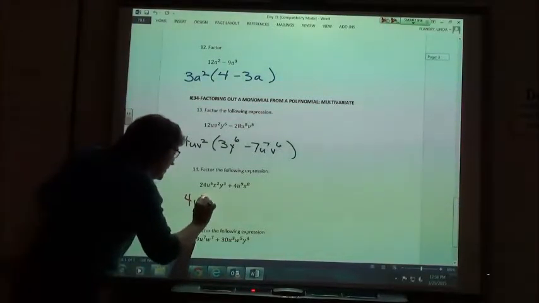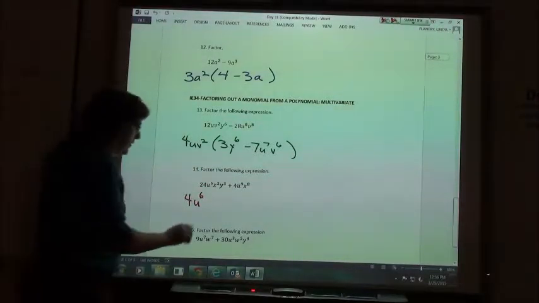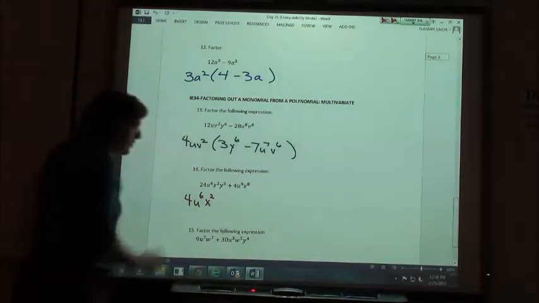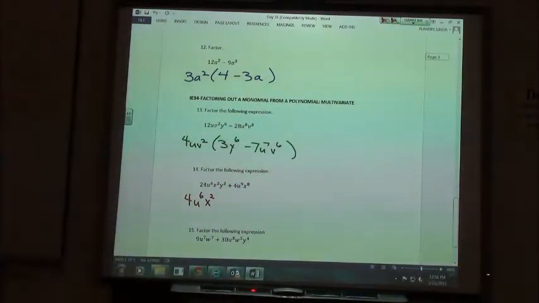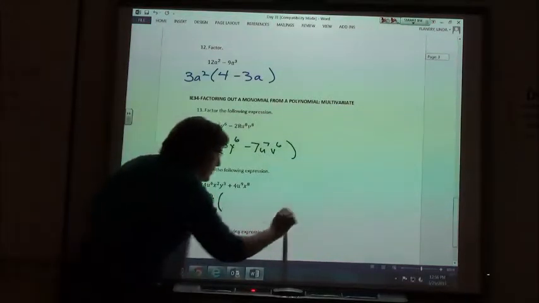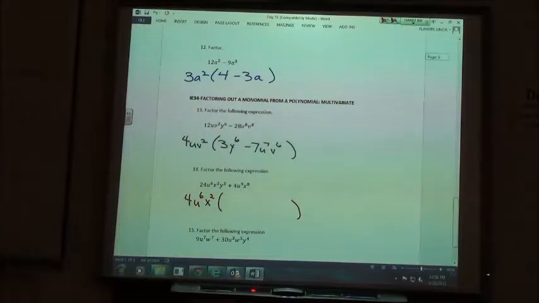U to the 6th, exactly. X squared. And x to the 2nd, right? Because they both have x's, and so I take out the lower number. No y's, so you don't do that. They don't both have y's, so I can't take a y out, right?